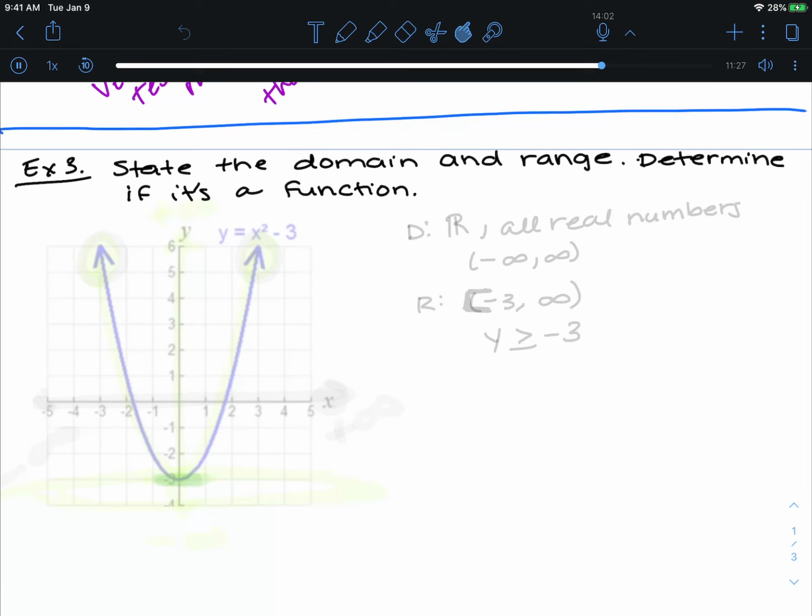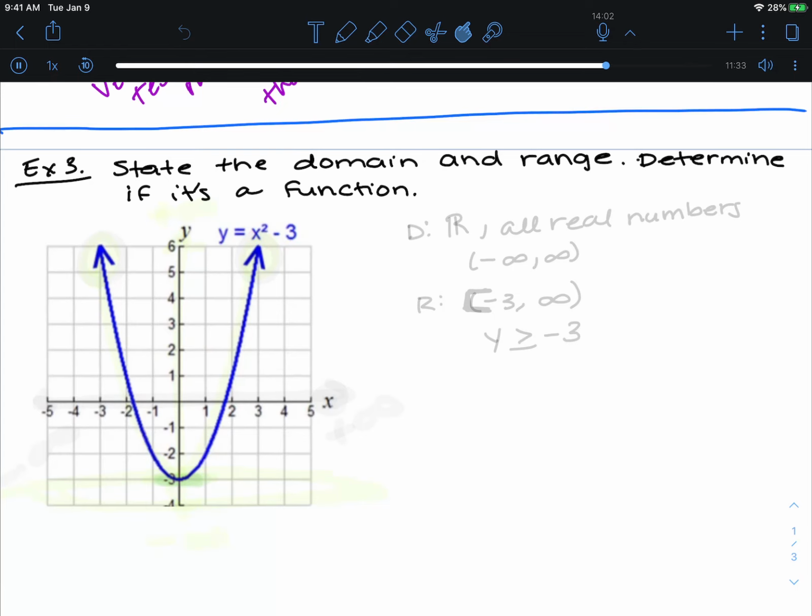Okay, now for this one, I'm going to give you this graph right here. And so now we have to find the domain.